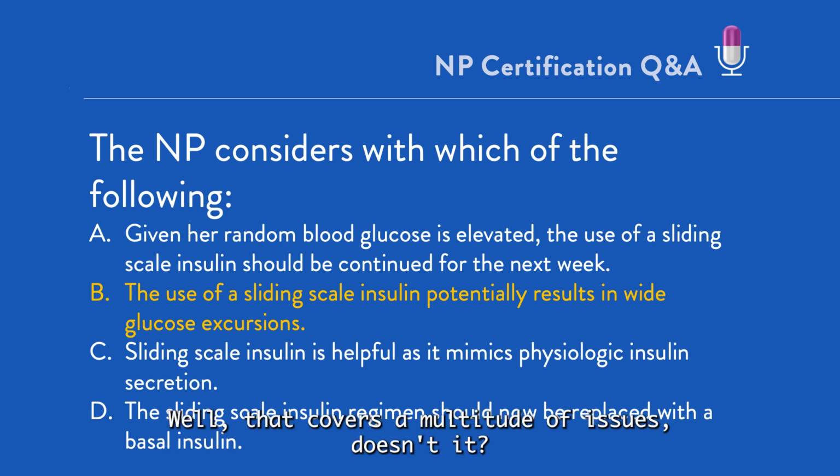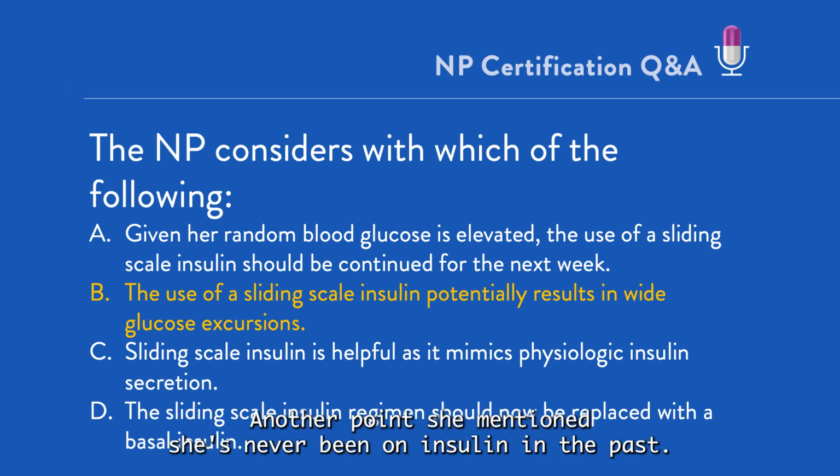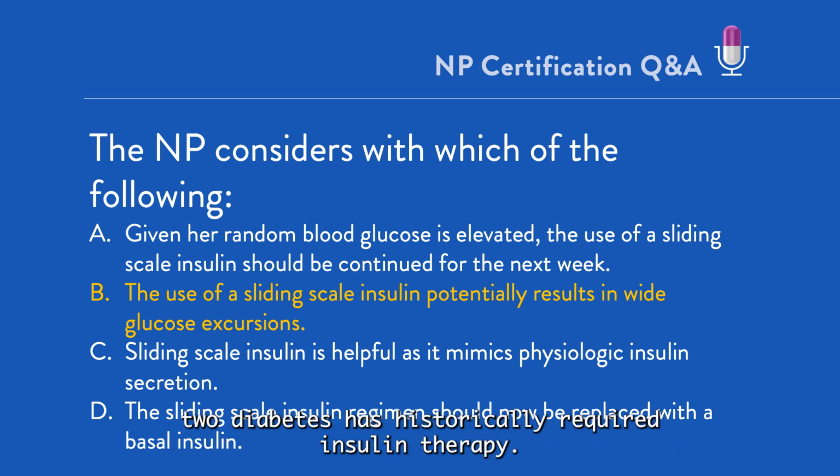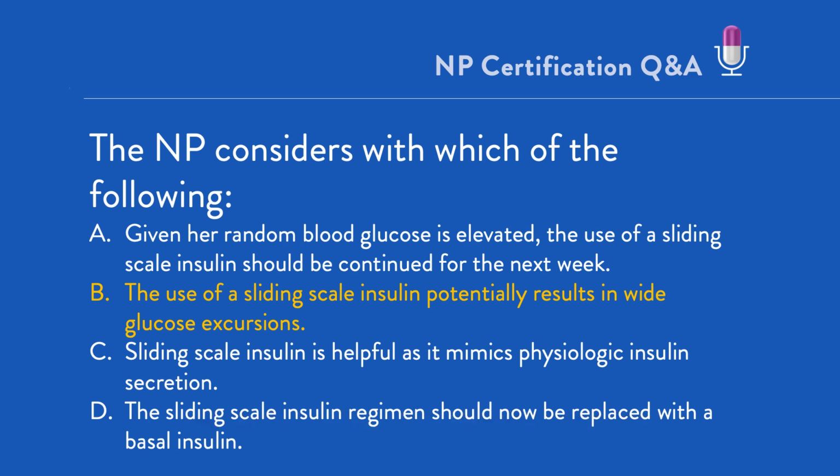Well, that covers a multitude of issues, doesn't it? Another point, she mentioned she's never been on insulin in the past. And therefore, what you could say is, all right, she is not somebody whose type 2 diabetes has historically required insulin therapy.